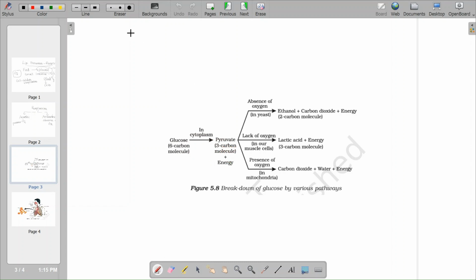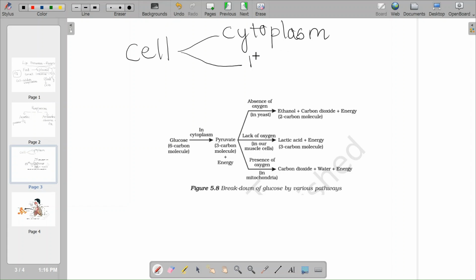In the previous slide, I explained that the process takes place in our cell, in the cytoplasm, in which the breakdown of glucose takes place, and also in the mitochondria.